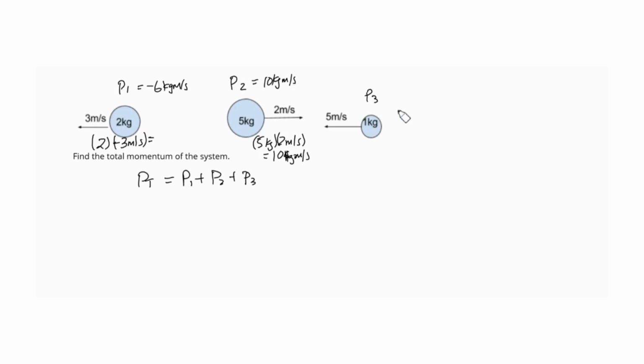And then P3 is 5 times negative 1, which gives us negative 5 kg m/s. So when I add them all together, I have negative 6 plus 10 minus 5, which gives me negative 1 kg m/s.